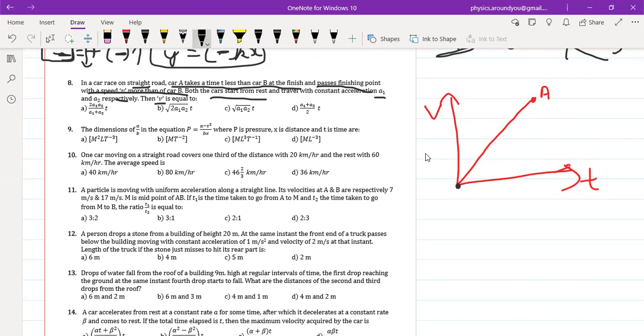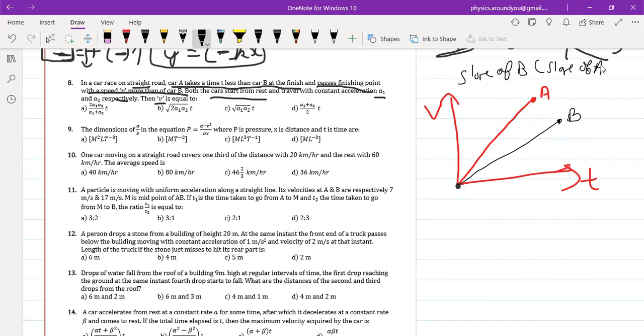It also started from rest and it has a speed v lesser than A. So this is the VT graph of B, because its acceleration will obviously be lesser than that of A. The slope of B should be less than the slope of A. Why?